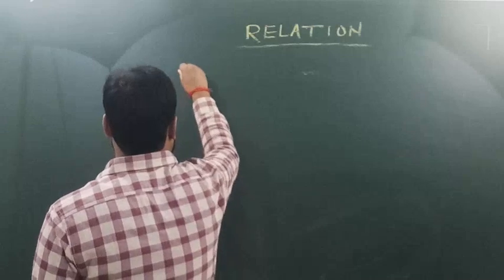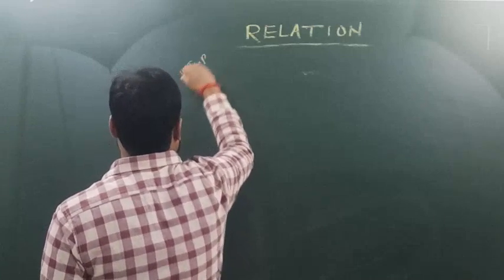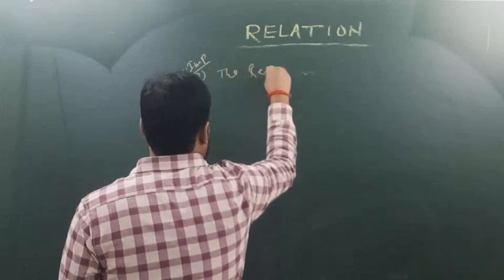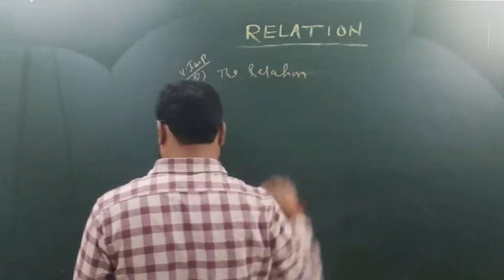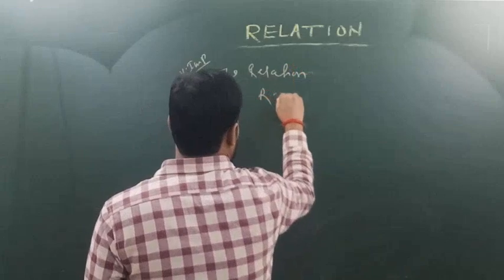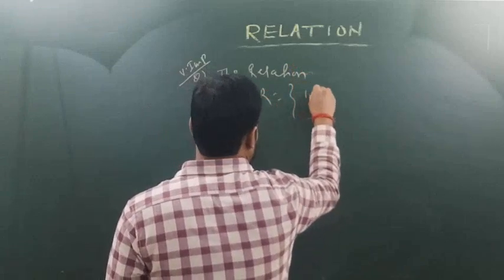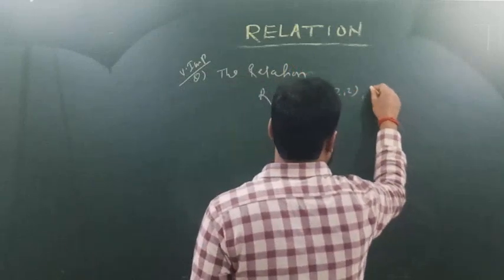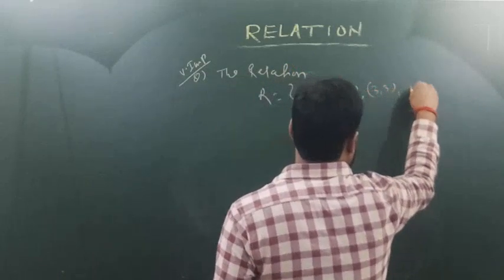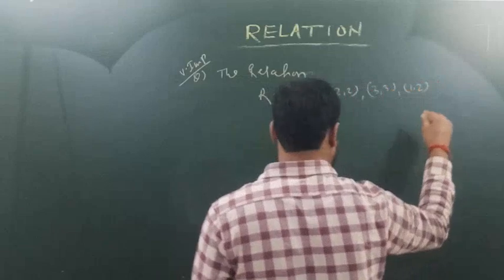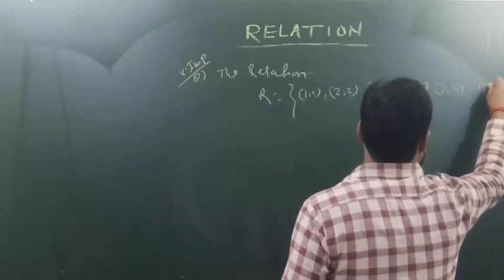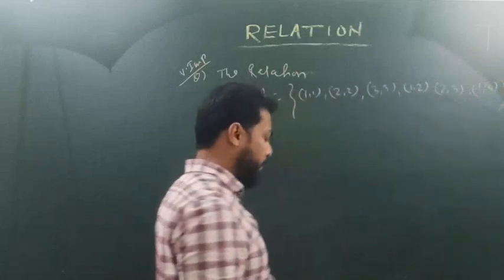Next question is a very important question. The relation R is given: (1,1), (2,2), (3,3), (1,2), (2,3) and (1,3).